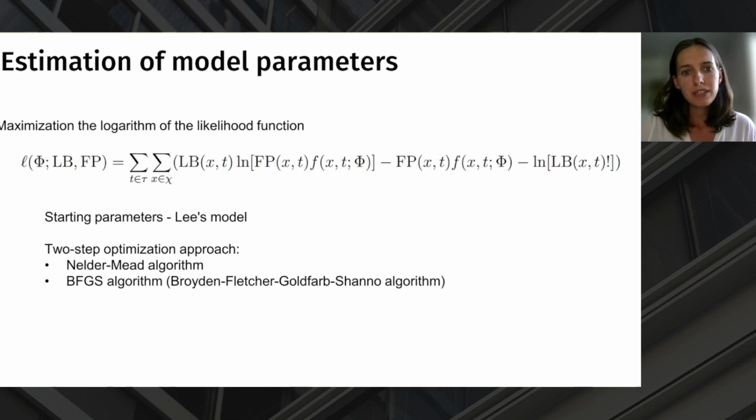The parameters obtained in the first optimization step were then utilized as starting parameters for the BFGS algorithm, increasing the likelihood of the algorithm converging to the optimal point with the chosen numerical precision. This approach helps improve the efficiency and accuracy of parameter estimation, especially in cases involving complex models with a higher number of parameters.